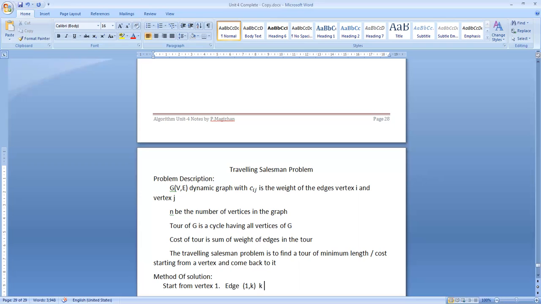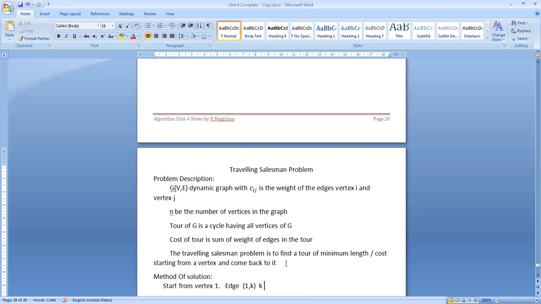The path from vertex 1 goes through each of the vertices other than 1 and k only once. Again, I tell you, we are starting from vertex 1, and to start the tour from vertex 1, we go to a vertex k. K might be any of the remaining vertices of this graph.